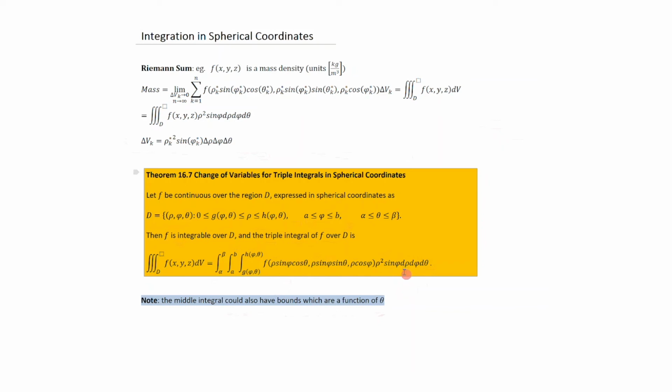The first integral is with respect to rho, and so that means the upper and lower bounds would have to be functions of psi and theta. The next one is with respect to phi, here it's in terms of constant angles A and B, but these could actually be functions of theta as well. The last one is with respect to d theta. These are always going to be fixed values, so these would be a lower bound on angle theta and an upper bound on angle theta.